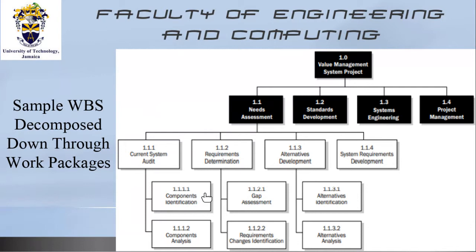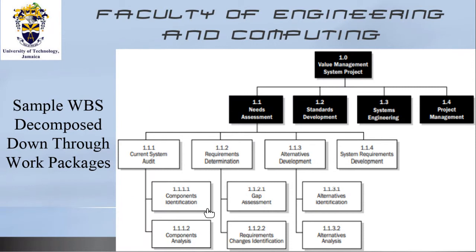So there would be 5 digits. The second one would be 1.1.1.1.2. A third element leading from this would be 1.1.1.1.3. Those would be level 5 sub-deliverables. Understood? All right.